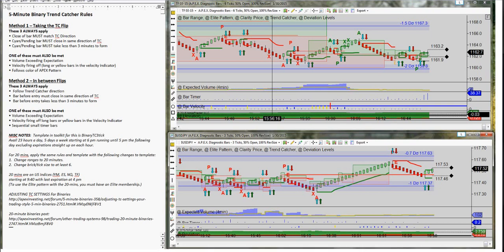I did post the trend catcher rules. I will put them up in the forum as well. I want to go over the video before I post it because I want to see what rules ended up for sure in the training. We talked about so many, and we tried to keep it to the simplest ones that you guys could take basically out of the box, trade, and be successful.